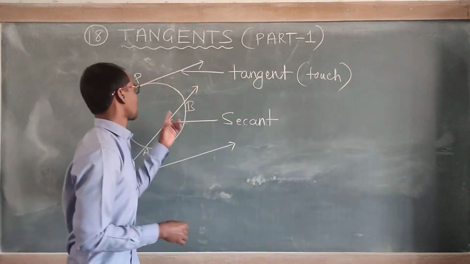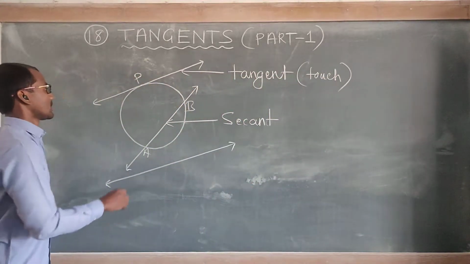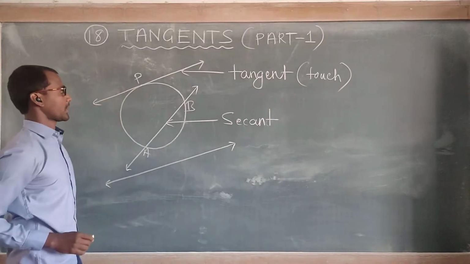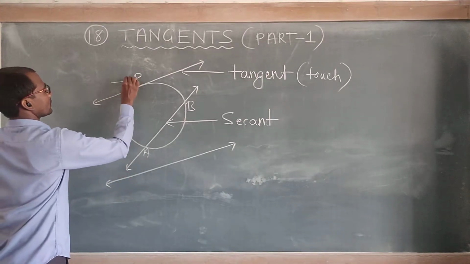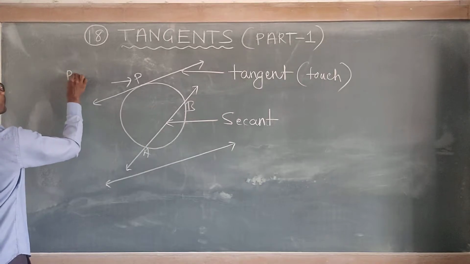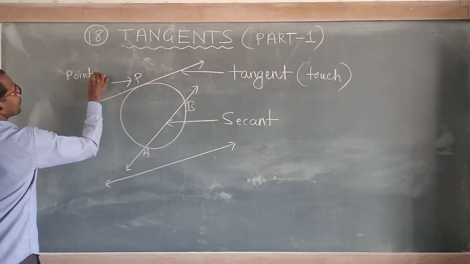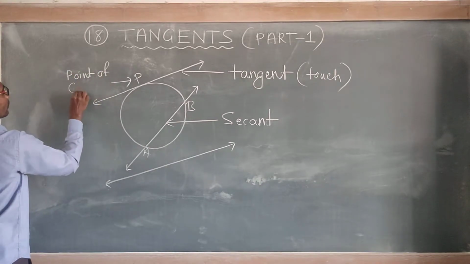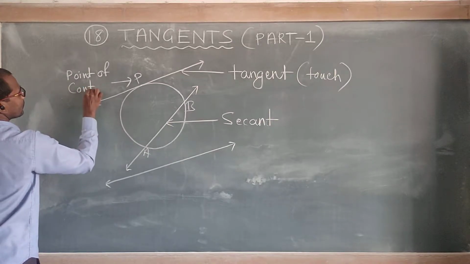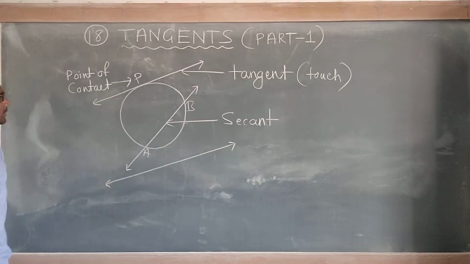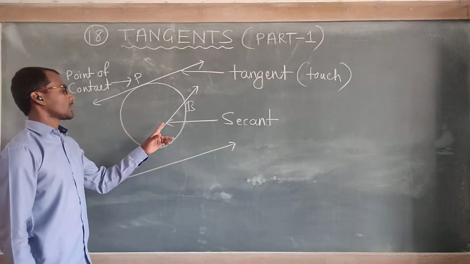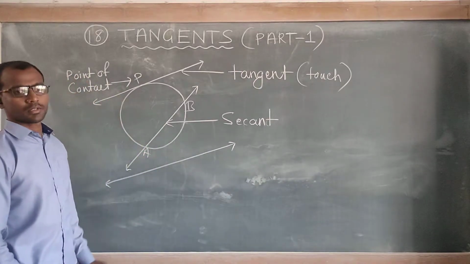It is simply touching the circle, as you can see. The point where the line is touching the circle is called the point of contact. This is called a secant and this is called a tangent.